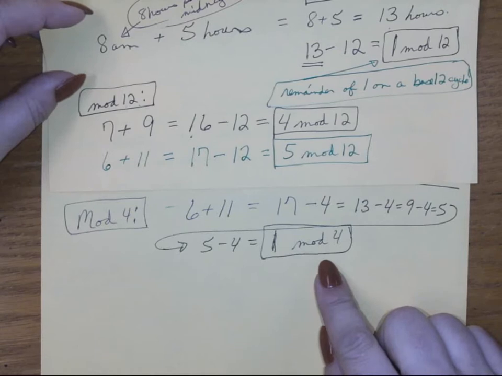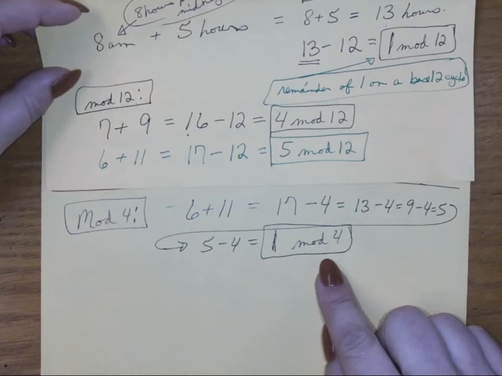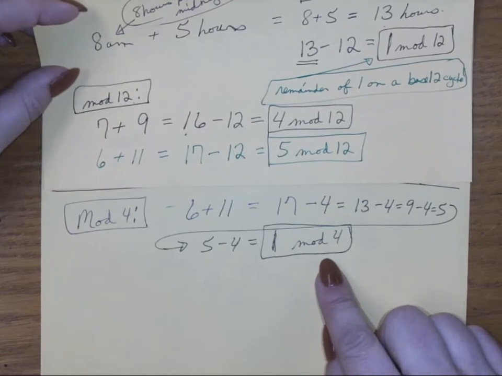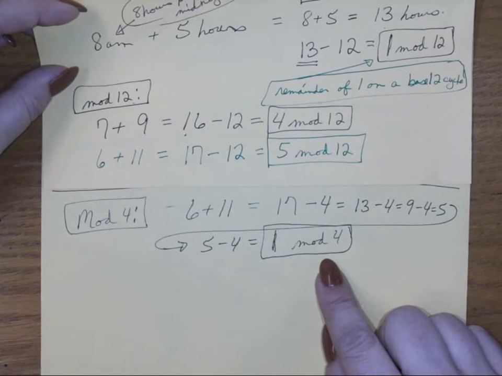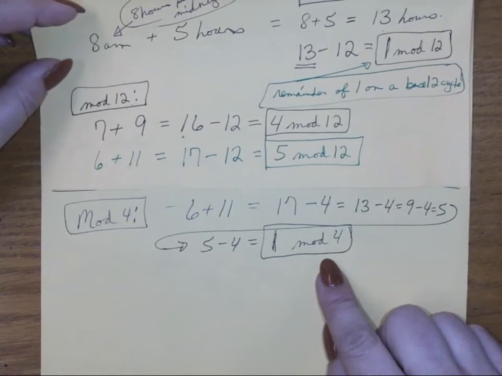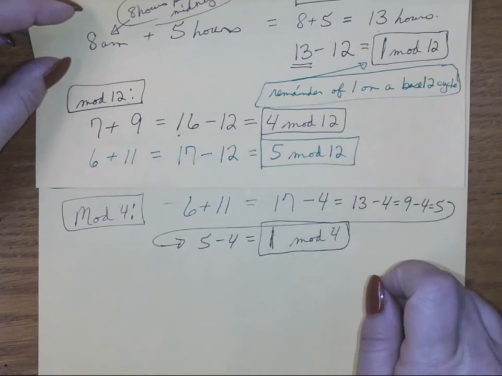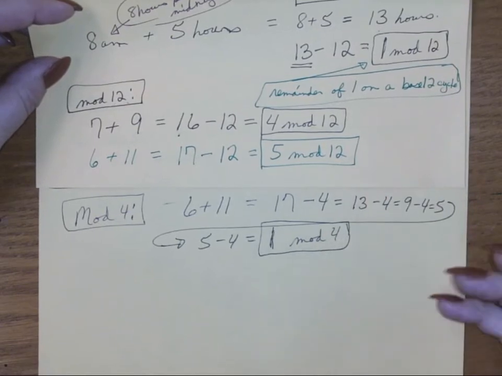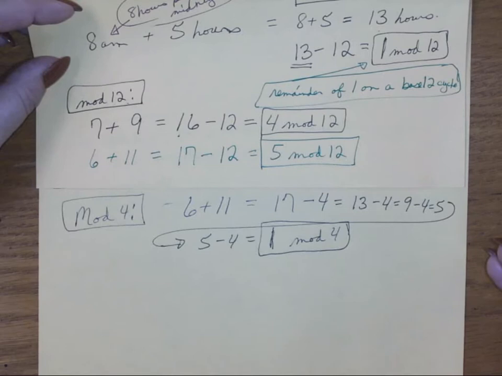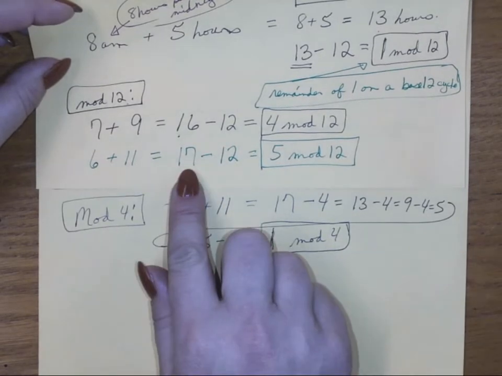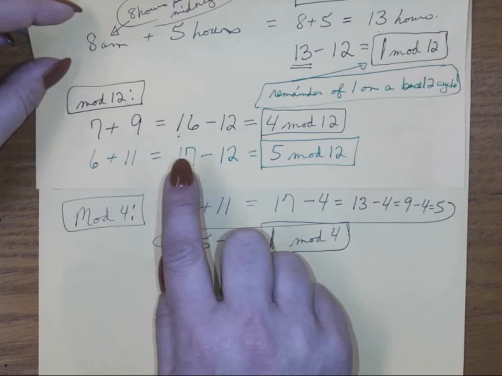So that's what's kind of going on there. It's just a matter of how big my system is that I'm working on, how big is that cycle before I repeat, start over. So mod 4, definitely a different answer than mod 12. And what do you think if we had done mod 5? Yeah, it would be a different answer. If I did mod 10, by the way, I'd pull out as many 10s as I could out of 17.